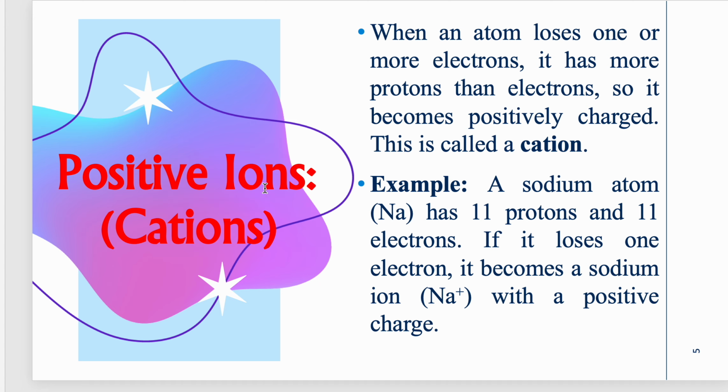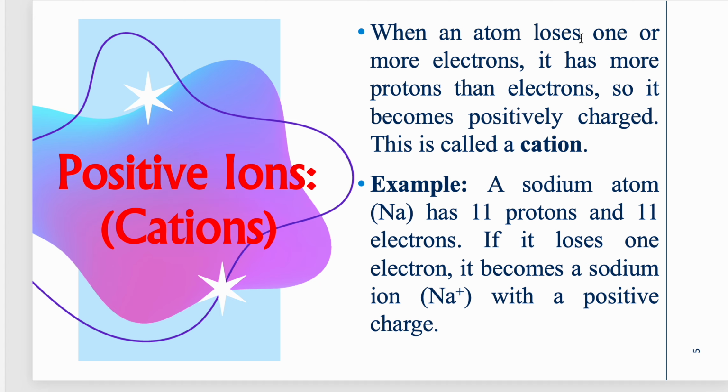So what are the positive ions? Cations. When an atom loses one or more electrons, it has more protons than electrons, because earlier they had an equal number of protons and electrons, but now the atom has lost one or more electrons, so it will become an ion, because now an imbalance has been created between the number of protons and the number of electrons.